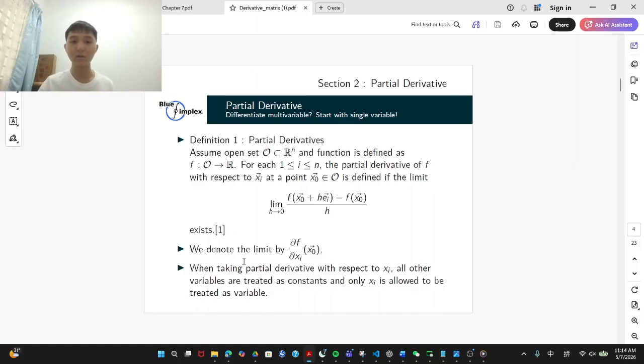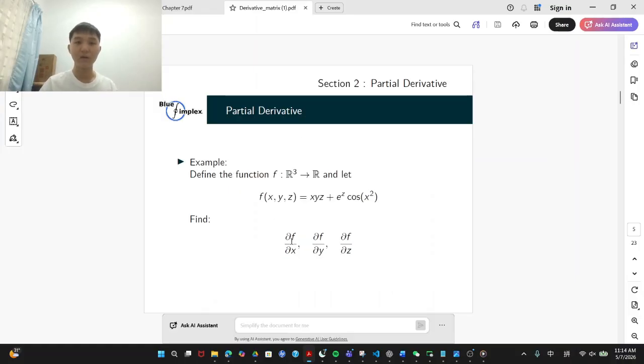So we can denote this limit as the partial derivative, with this symbol. When taking the partial derivative with respect to si, all other variables are treated as constants, and only si is treated as a variable. What does it mean? Let me give an example. I define this function, and I want to find the partial derivative with respect to x.